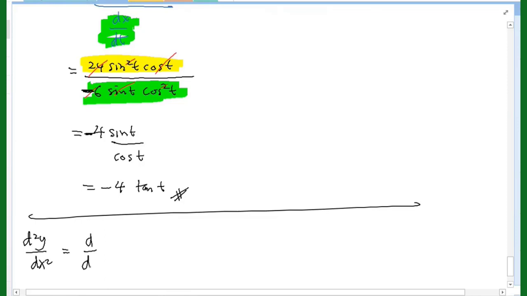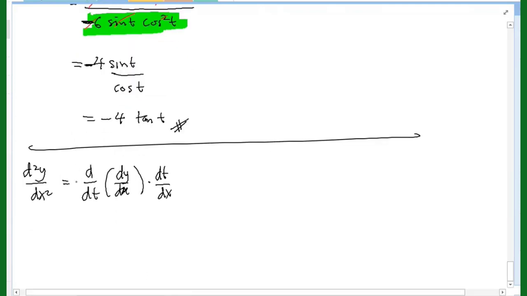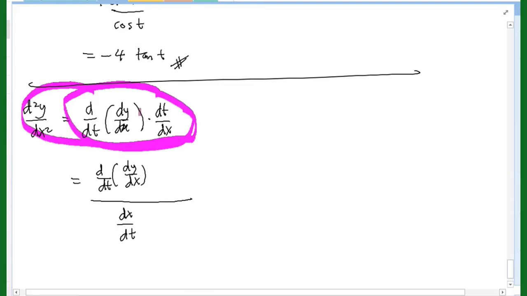If you already memorized the formula, just write it. It is d/dt of dy/dx over dx/dt. Because if you cancel dt, you still get the same d2y/dx squared. Or this function differentiated with respect to t, over dx/dt. Okay, remember this formula. Up to you.